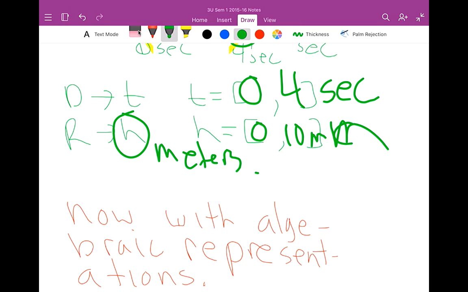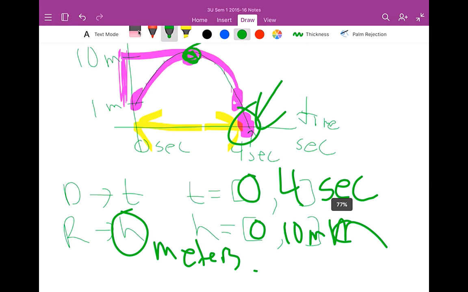And that's at the peak of its flight, when the ball is thrown up in the air. And so if you look at this, that represents your range from 0 to 10, and your domain is from 0 to 4 seconds.